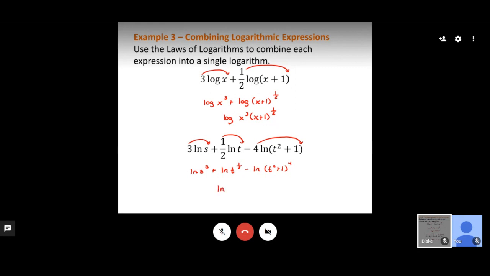So this becomes natural log of s cubed t to the 1/2 all over t squared plus 1 raised to the 4th power. Okay, so this would be our final answer here, the natural log of all of that stuff there. Any questions on that one?